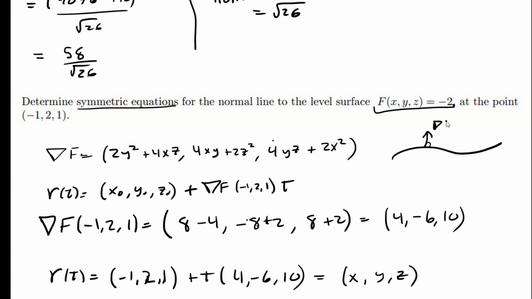This is the gradient of f, and this is f. So the gradient will be orthogonal. That's what we want when we are solving problems like this with tangent planes and lines normal to a surface. We want level sets to work with, so that we can just take the gradient and get either our direction vector or our normal vector really quickly.